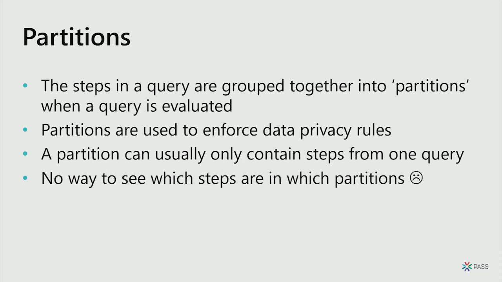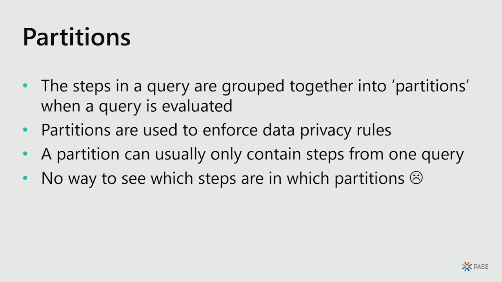What happens when queries start to run is the Power Query engine looks at all of the steps in your queries, and it groups them all together into things called partitions. Partitions are groups of steps which access either usually a single data source or combine data from other partitions.